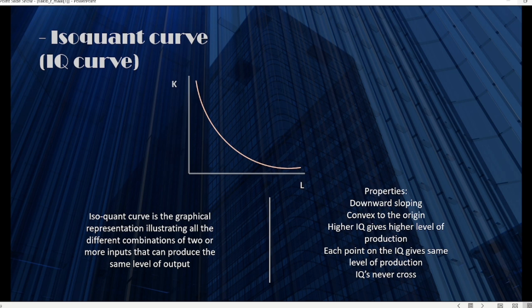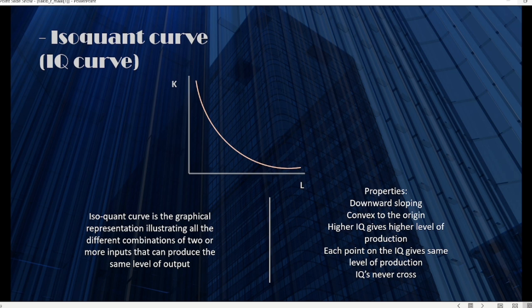Properties of Iso-Quant curves: they slope downwards. If you use more of one input, you can use less of the other. They are convex to the origin because of the principle of diminishing marginal rate of technical substitution. A higher isoquant means higher output.